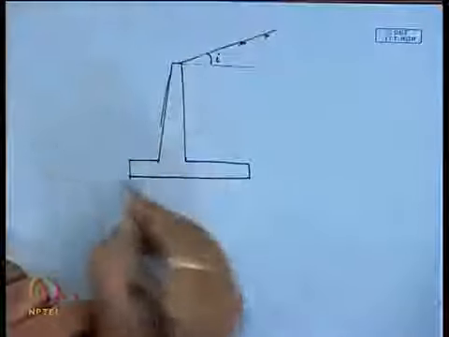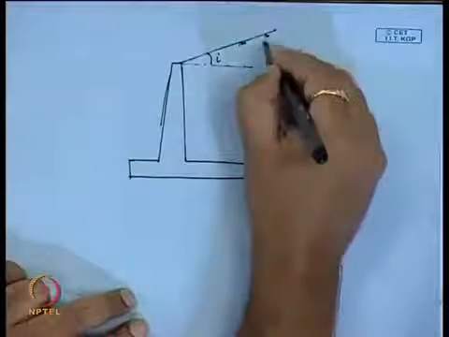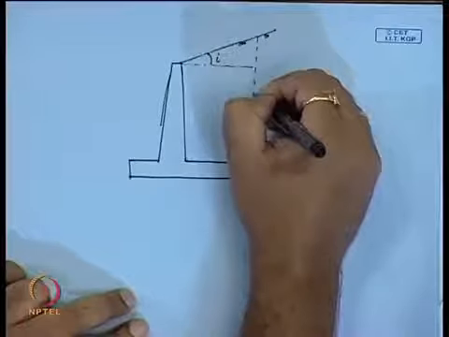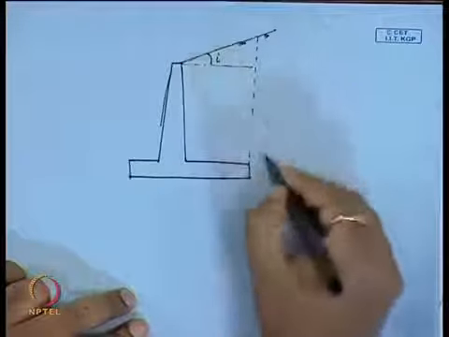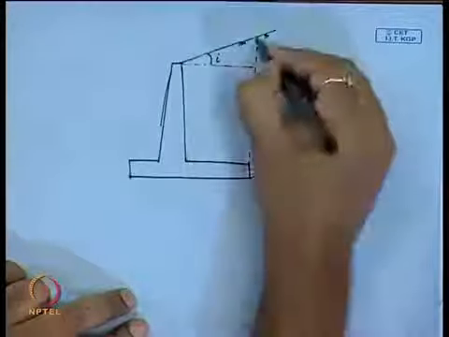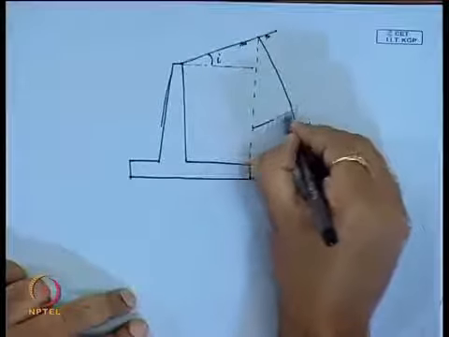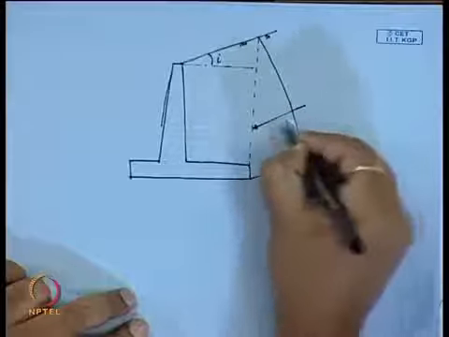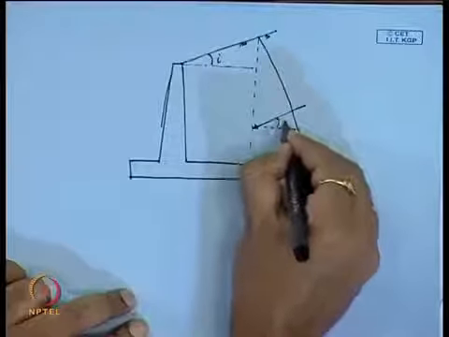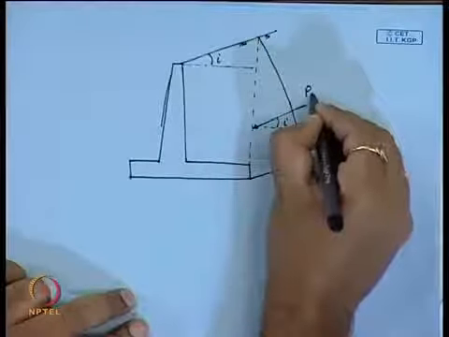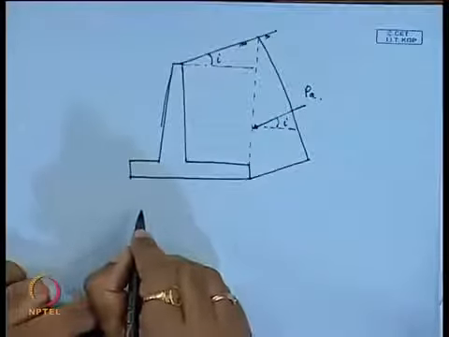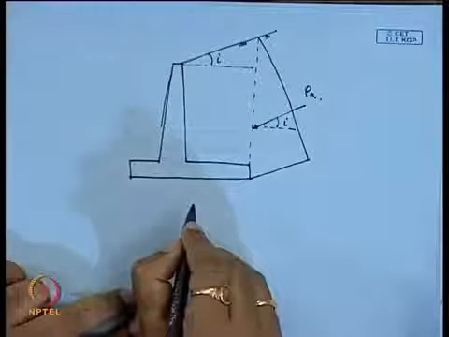This is the ground surface. Now, for this edge, this is our active pressure that will act, P active with an angle i. This is for the backfill soil.